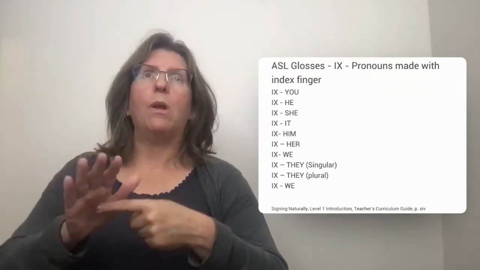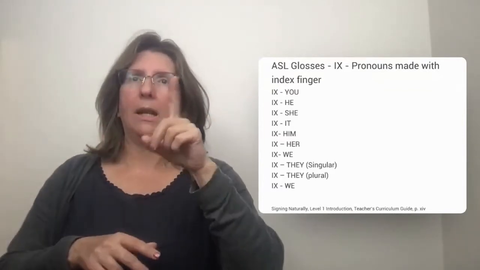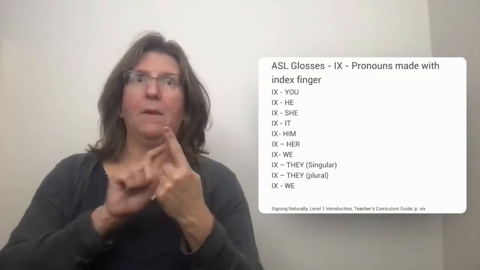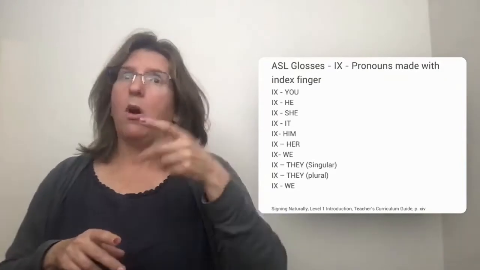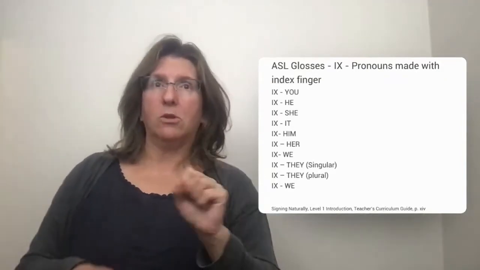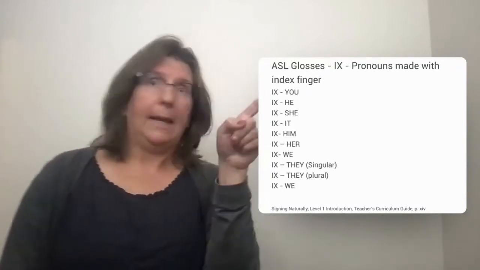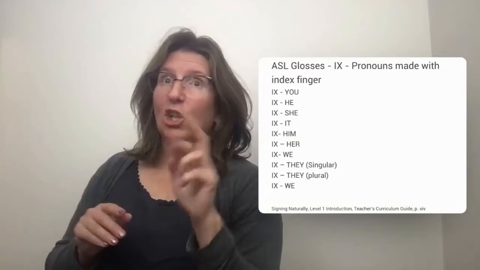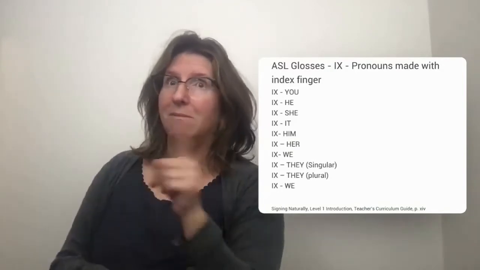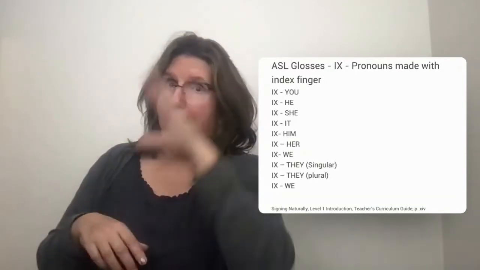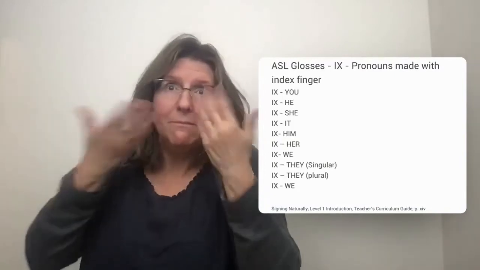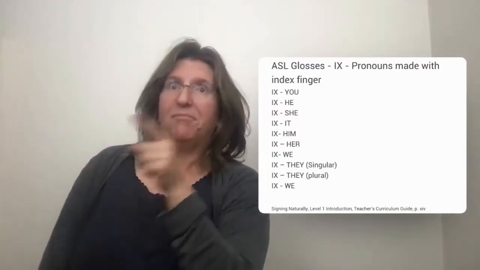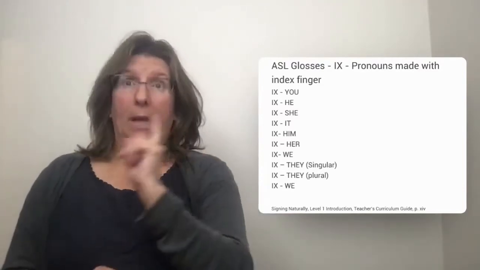ASL glosses also use the IX or index symbol. So here the index finger, 1. So in this case, identifying pronouns, you, he or she. You'll notice since it's just a pointing finger, the gender is not apparent. ASL pronouns are not genderized, so without background knowledge, one doesn't know if the referent is male or female, non-gendered or trans.